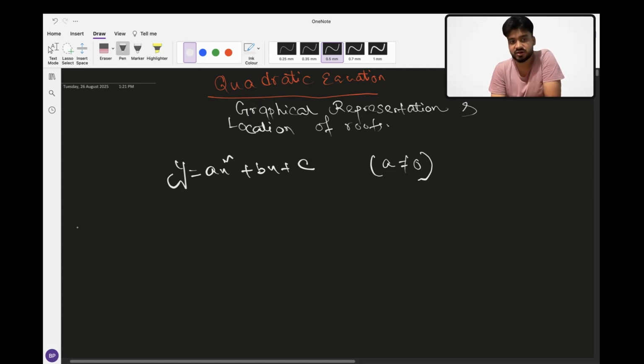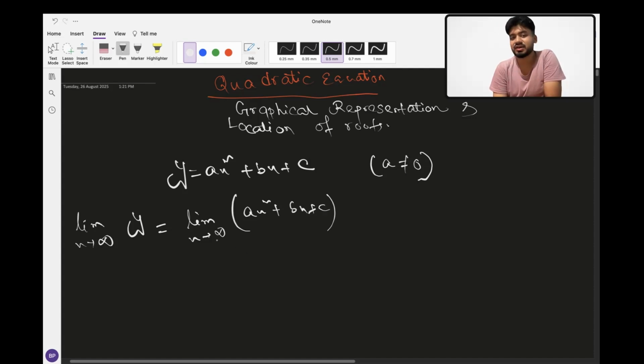So first of all, what will be the value of y when the value of x is very high, or x tends to infinity? Can you tell me? So y is ax square plus bx plus c. Yes. And here, when x is very high, x square will dominate x. So with respect to this term, we can neglect these two terms.